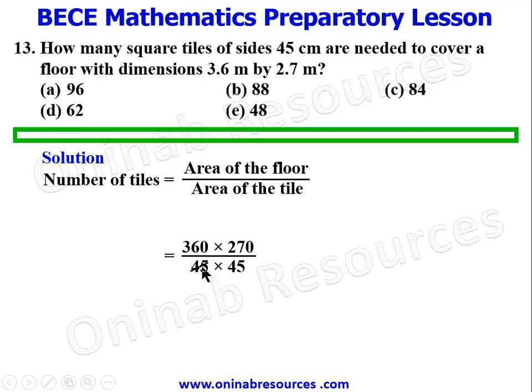I can go with 9 here. 9 goes into 360 is 40. 9 goes into 45 is 5. 270 divided by 9 gives 30. Now 5 can still go. 5 goes here 1, 5 here 8. 5 here 1, 5 here 6. And 8 times 6 is 48. So the number of tiles needed to cover the floor is 48, and that gives option E. That's the end of solution to problem 13.